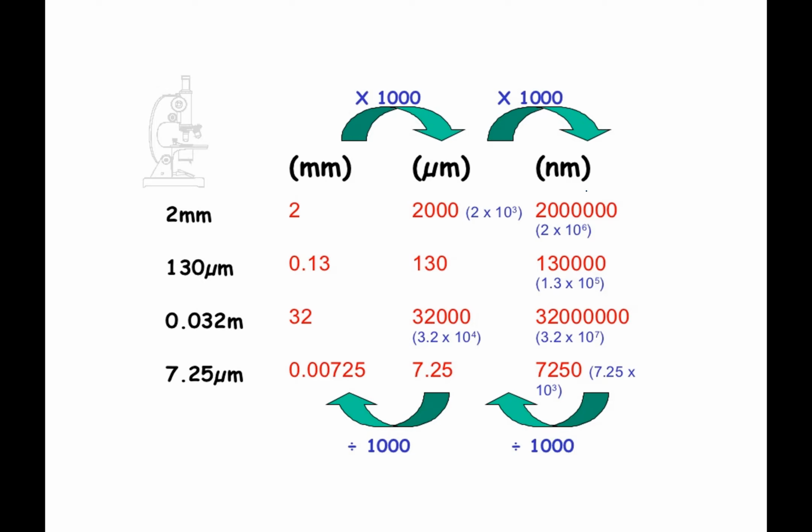So if I told you a bacterium was 5 micrometers, then you could convert that and say, well, to go to millimeters, we have to divide by 1,000.